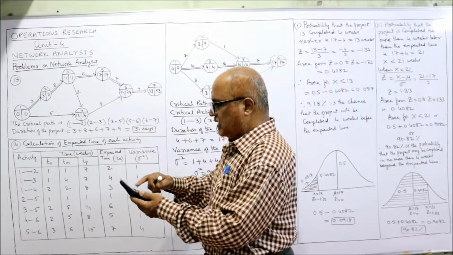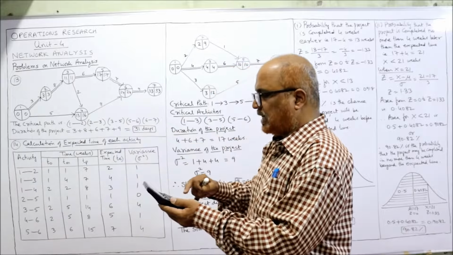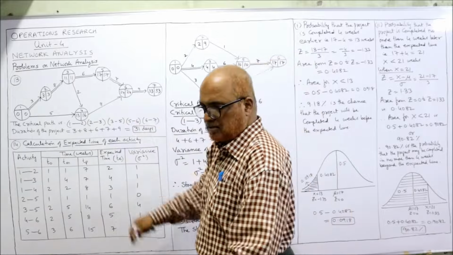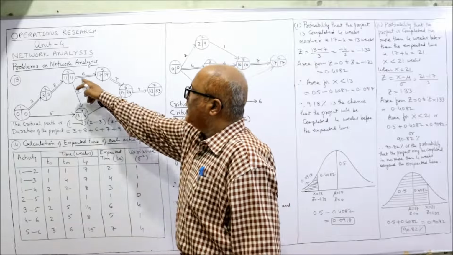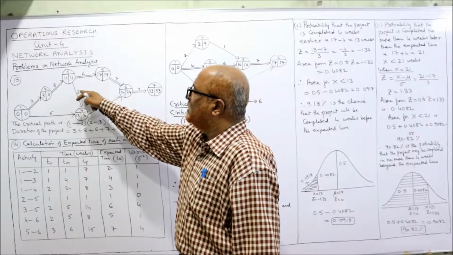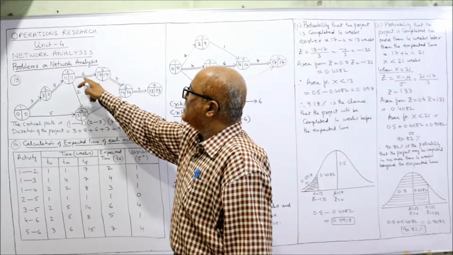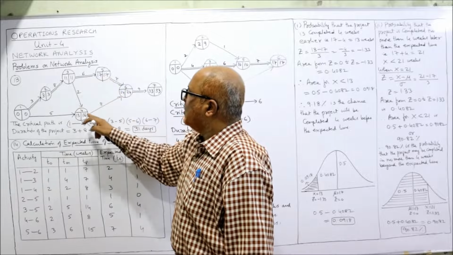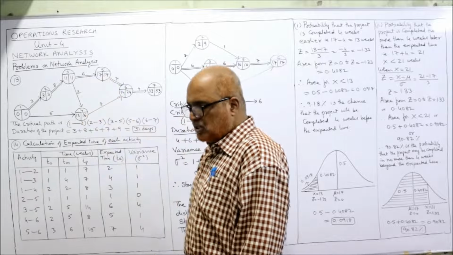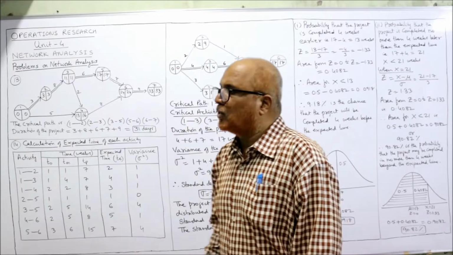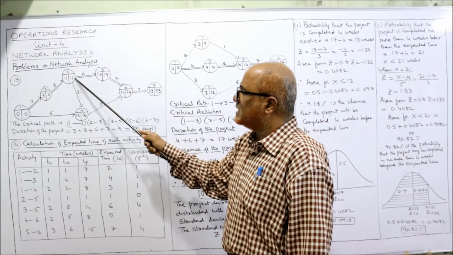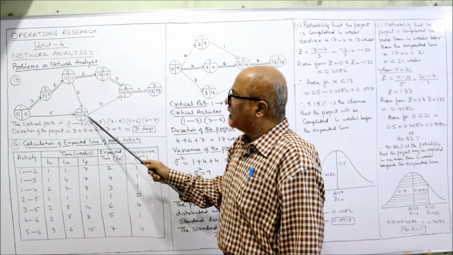Here 24 minus 8 is 16. Here two arrows are bursting, so we need the minimum. 17 minus 6 is 11, or 16 minus 2 is 14. 11 or 14, whichever is less. 11 is less.